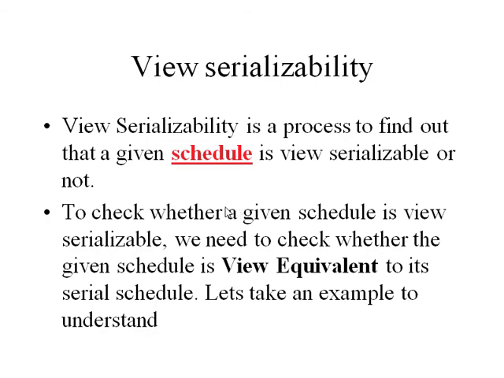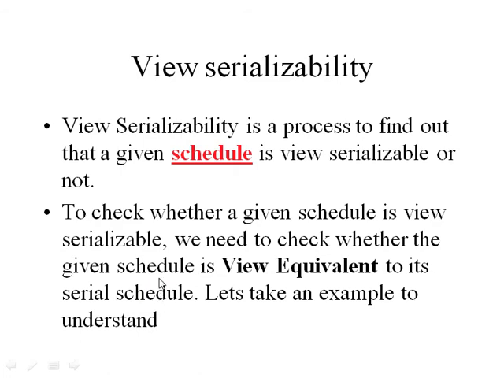What is a schedule here? The order of operations of concurrent transactions. Schedule means order. To check whether a given schedule is view serializable, we need to check whether the given schedule is view equivalent to its serial schedule.